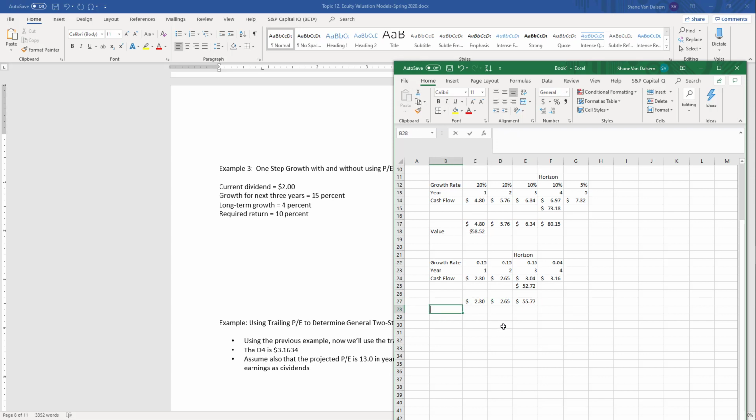So my value for the stock is equal to, again, I use net present value here. The rate is the required rate of return of 10%. And the intrinsic value of the stock using this valuation method is $46.17.